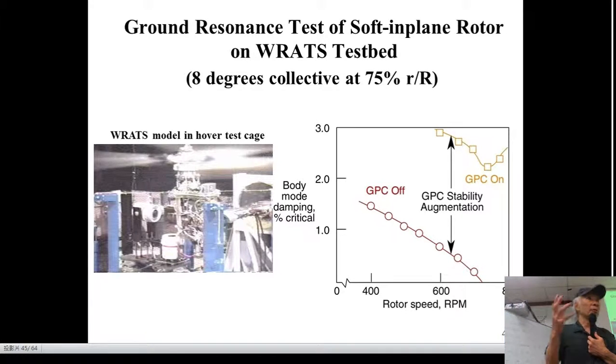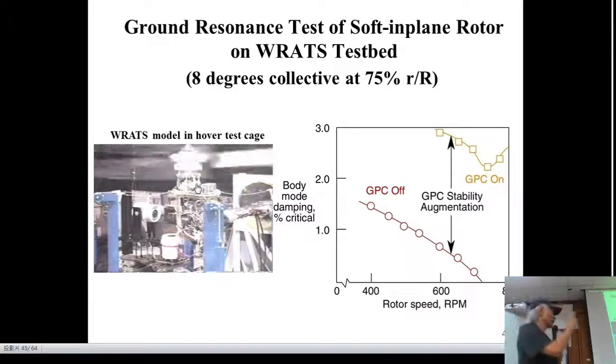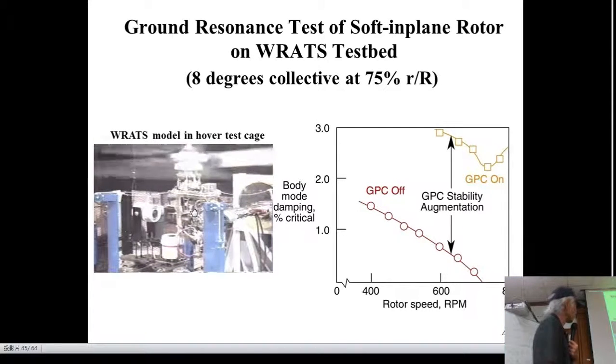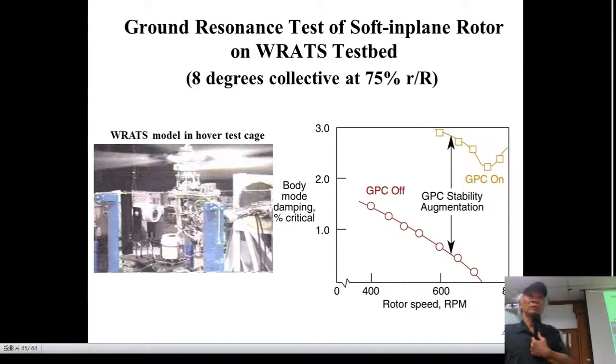So that becomes stable. You turn on your GPC at about 500 RPM, then it becomes stable. And that's true. This is real data. On the right hand side, that's the real data, and this is real experiments. So 750, all right, becomes stable. See, if you turn on your GPC and last about a second, it becomes stable.